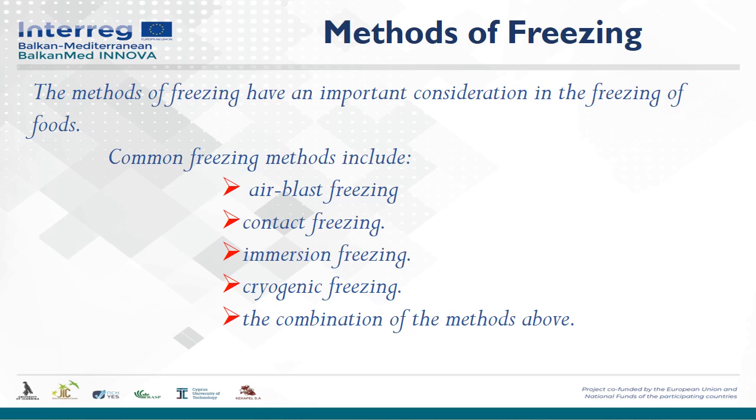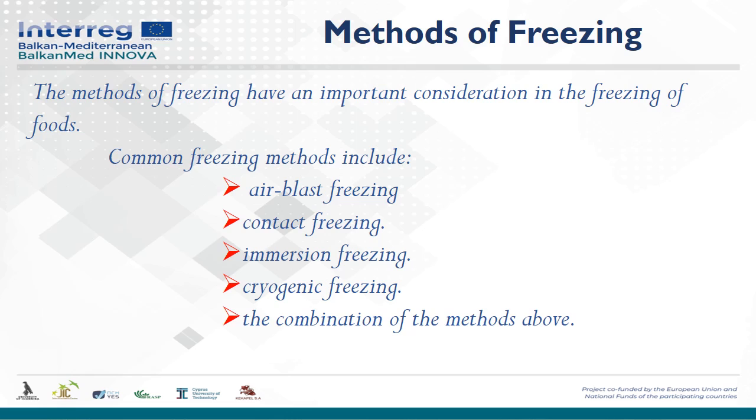Cryogenic cooling is another method, and it is distinguished by its high costs, and therefore its uses are limited. But to reduce this cost, and especially to improve the quality of the product, this method is usually combined with other methods like air blast freezer.